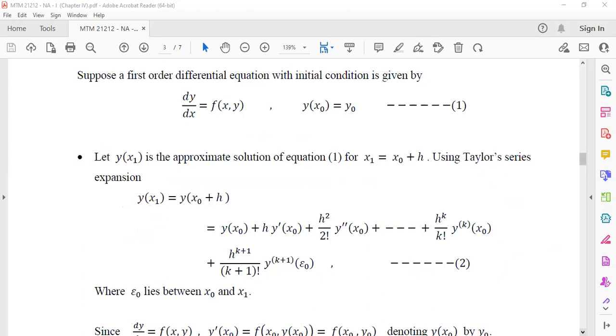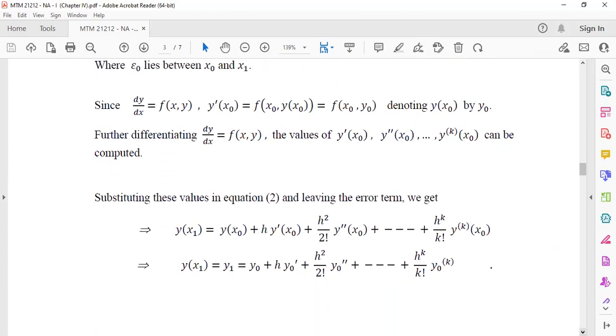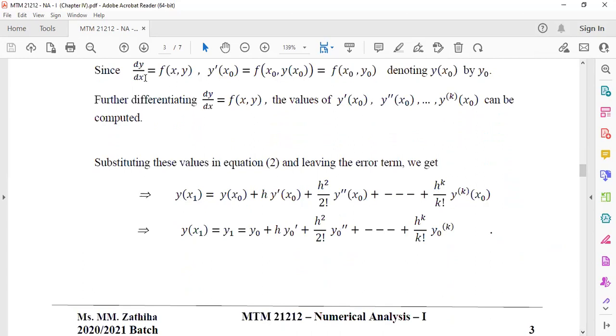We just substitute dy over dx equals f of x comma y. From that, we can take dy over dx as f dash.